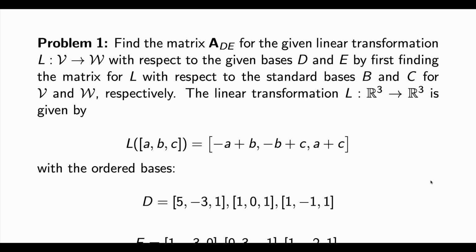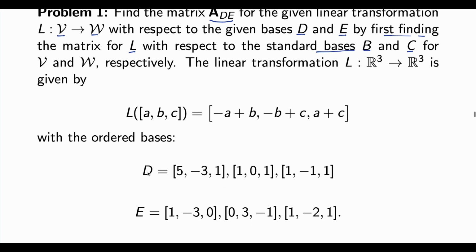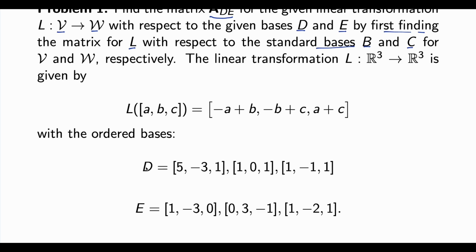Find the matrix A_DE for the given linear transformation L from V to W with respect to the given bases D and E, by first finding the matrix for L with respect to the standard bases B and C. They are also giving you two different bases D and E, and they are asking to find the matrix of transformation from D to E. So the whole problem is like that.